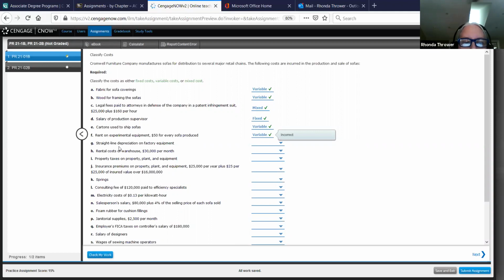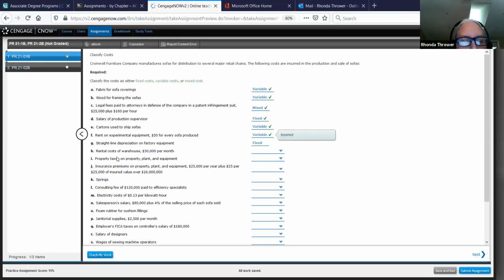But in this case, straight line depreciation is always going to be a fixed cost. And so I'm going to call this a fixed cost. And for some reason or another, this didn't go away when I fixed it, but obviously they've got green marks there, so it's showing that it's fixed. That's another Cengage thing that I don't quite understand.